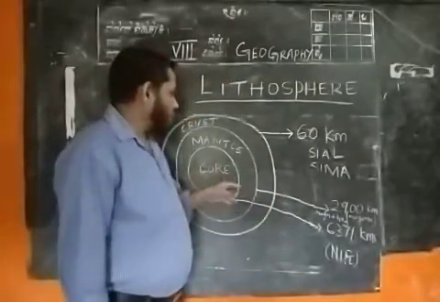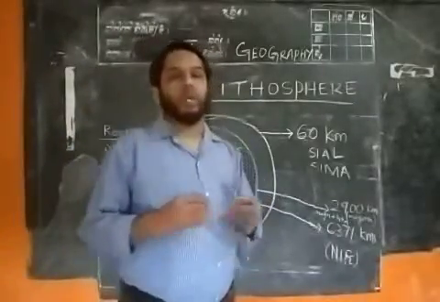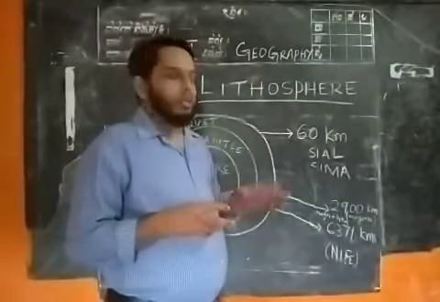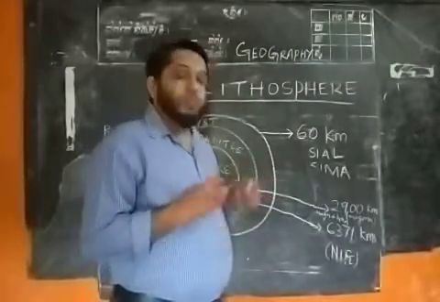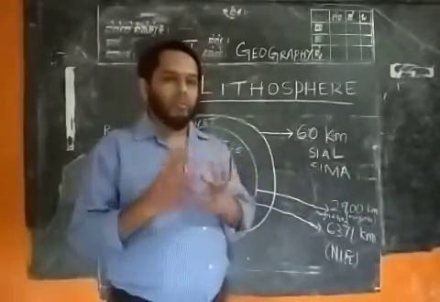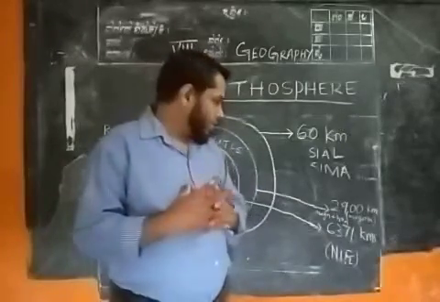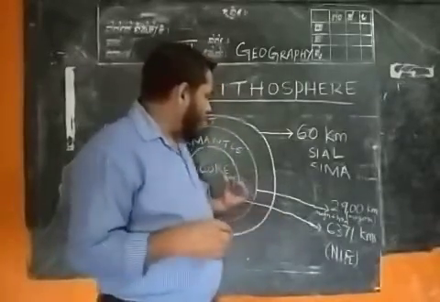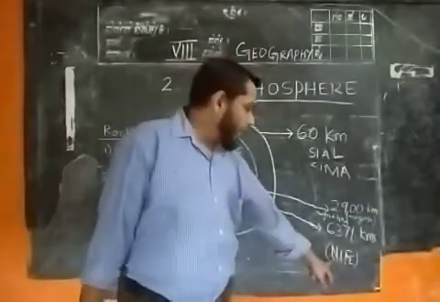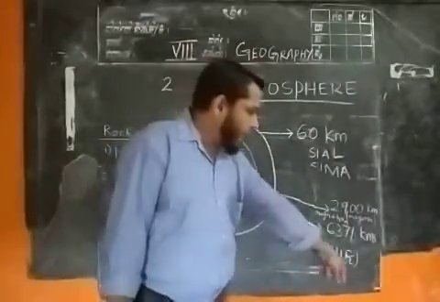Again, let us go to the innermost part of the earth, the core. The temperature is severely hot, very high, and it is burning. When we come to the core region we can see nickel and iron, which we call Nife, nickel and ferrum.